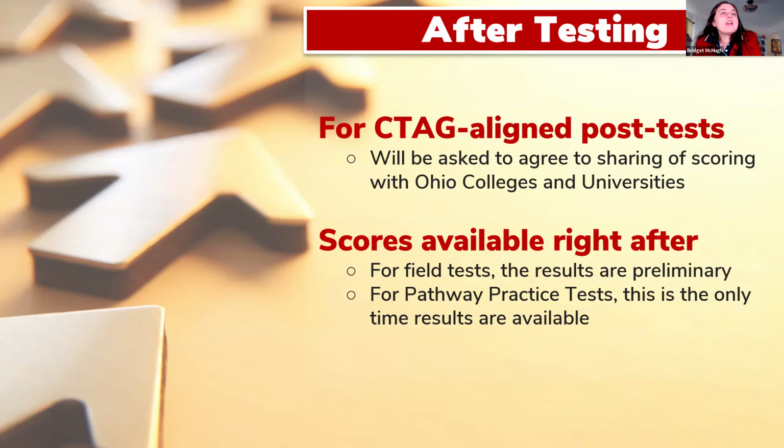The other thing you want to be aware of is that these are automatically scored tests. So the minute they submit it and they finalize it, they actually will get their scores. So they'll know what their score is, and that will be their final score, if it is a typical test but not a field test.